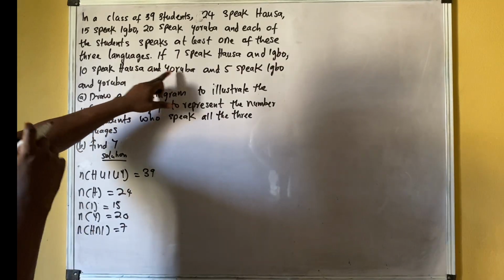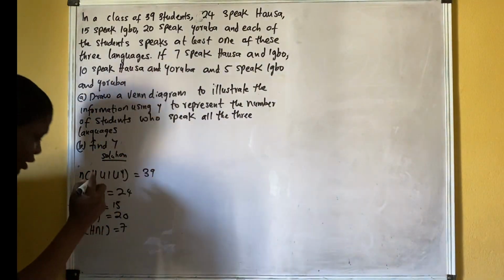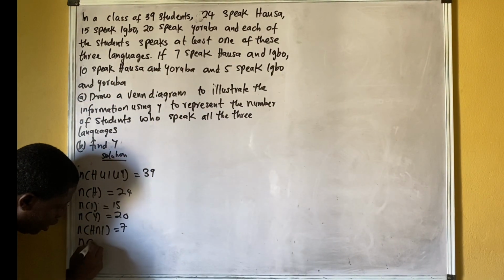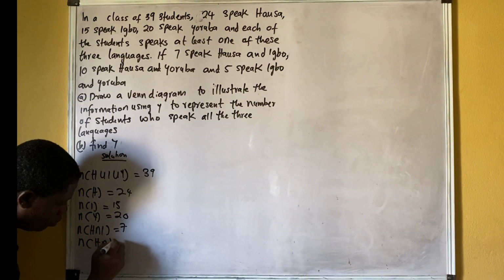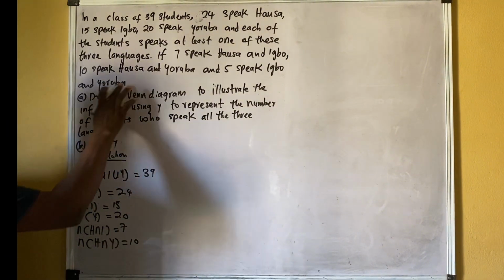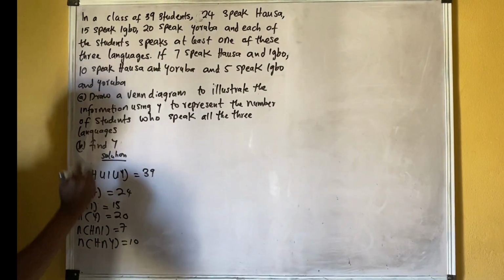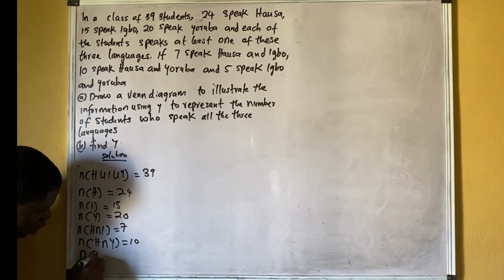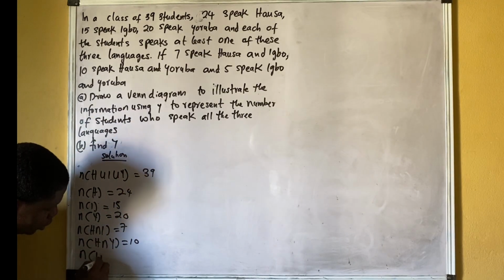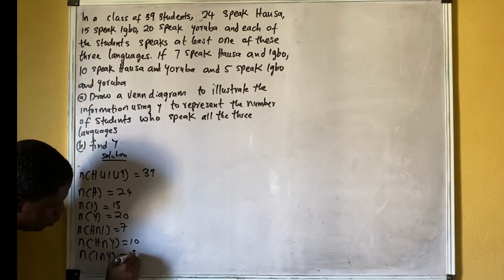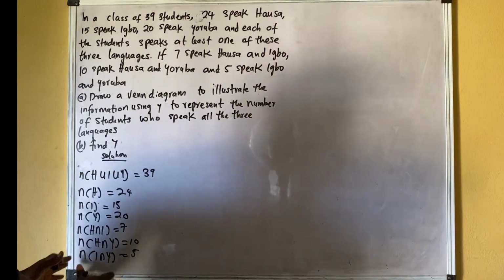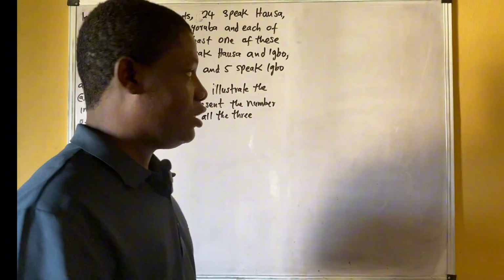This means Hausa intersection Yoruba is 10. And 5 speak Igbo and Yoruba. This means Igbo intersection Yoruba is equal to 5. So these are all the parameters we have in this question.